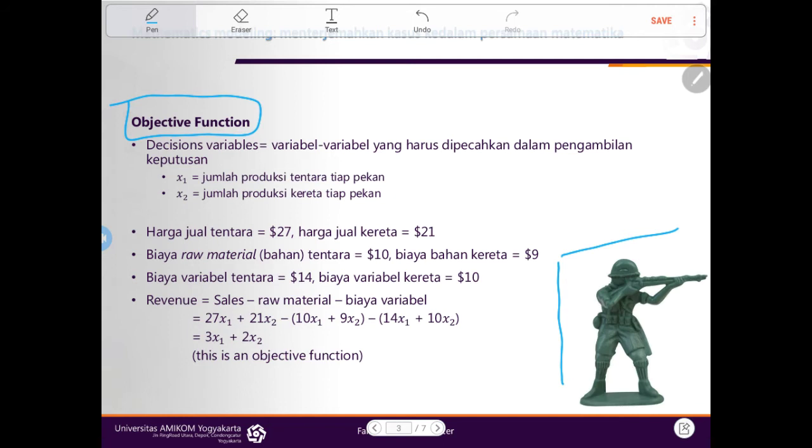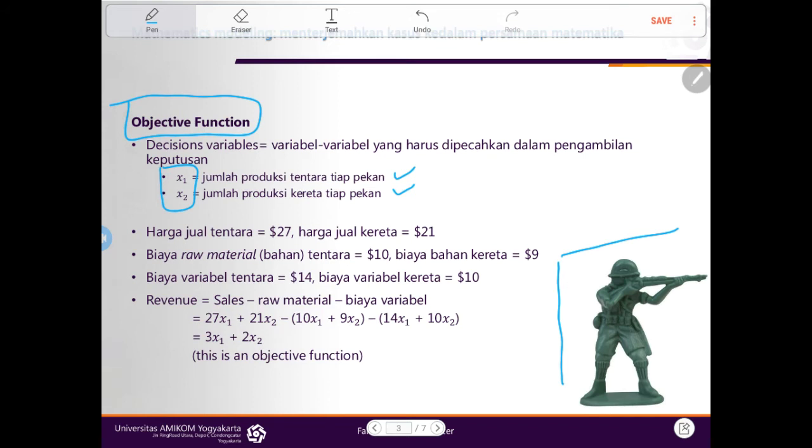So we have two variables. The first is how many soldiers to produce and how many trains to produce. Okay, so these are the two variables x1 and x2.